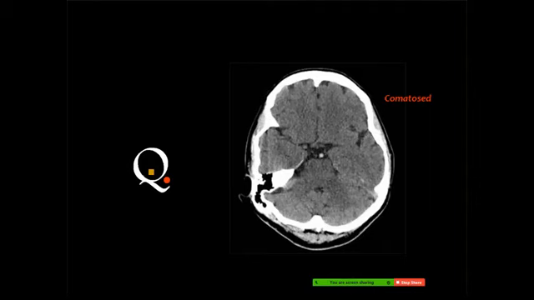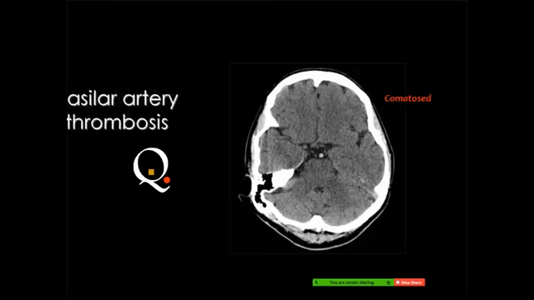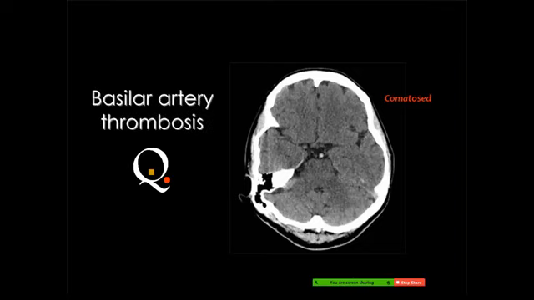Aneurysm? No, basilar artery obstruction. Basilar artery thrombosis. Yes, and this is basilar artery thrombosis. It can be associated with abnormalities in the brain stem or not, but be careful before diagnosing this basilar artery thrombosis.